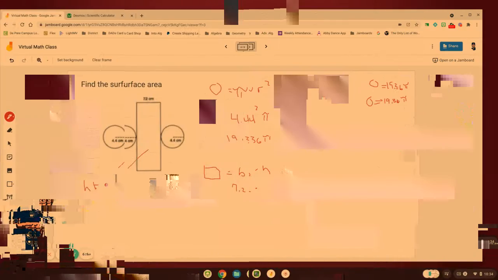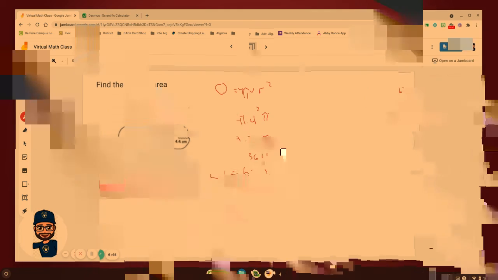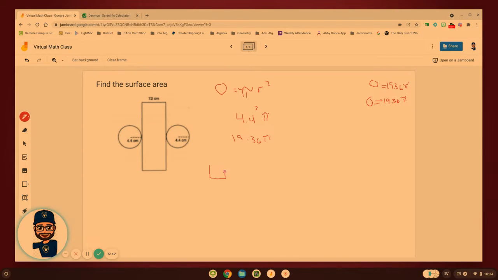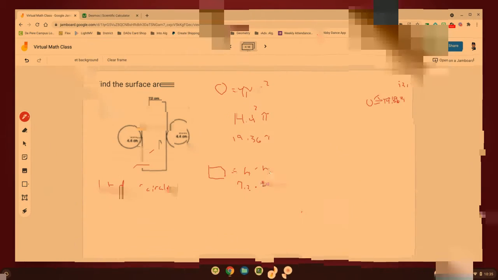Height equals the diameter of the circle, because that whole entire rectangle has to go around that whole entire circle. It has to cover the circle. So the height is the diameter, or in this case, it's 8.8.